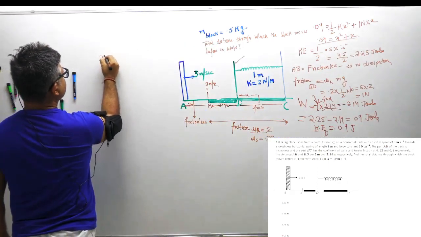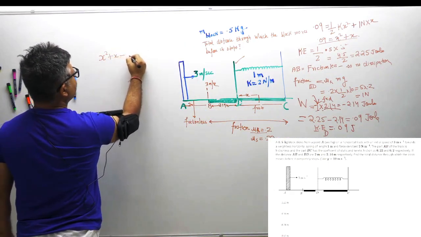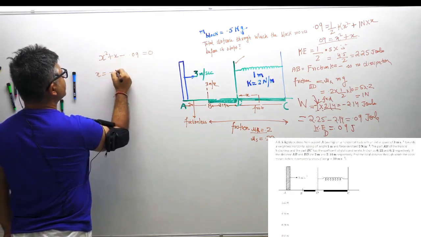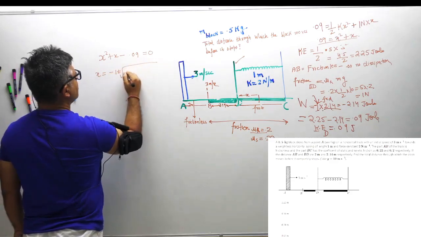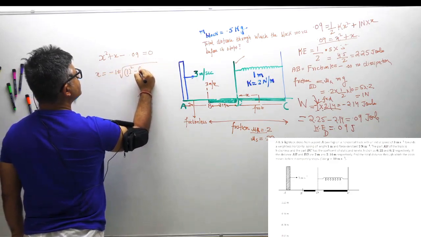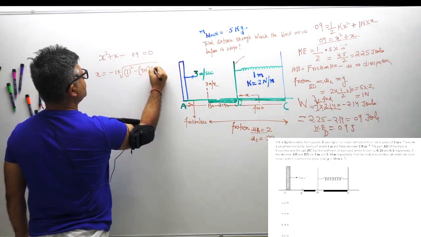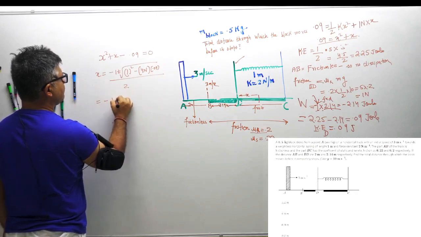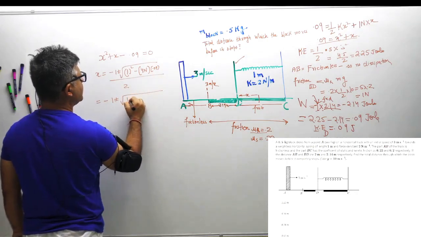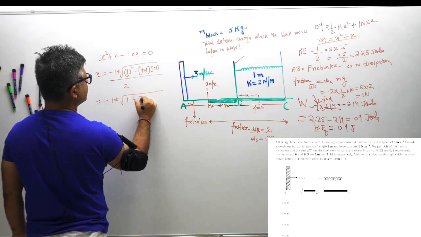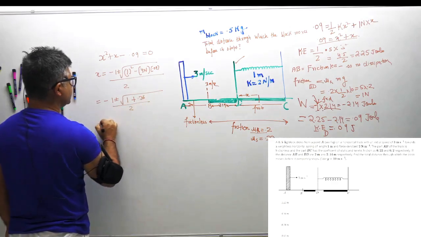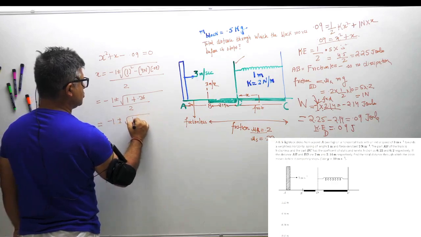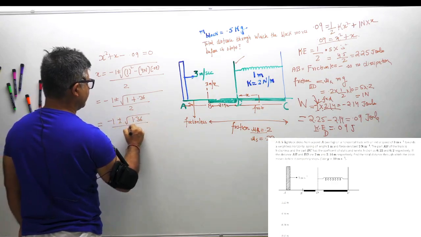Let's solve the quadratic equation. x squared plus x minus 0.09 is equal to 0. x is equal to minus 1 plus minus square root of b square minus 4 into 1 into 0.09 divided by 2, is equal to minus 1 plus minus square root of 1 plus 0.36, divided by 2, is equal to minus 1 plus minus under root of 1.36 divided by 2.